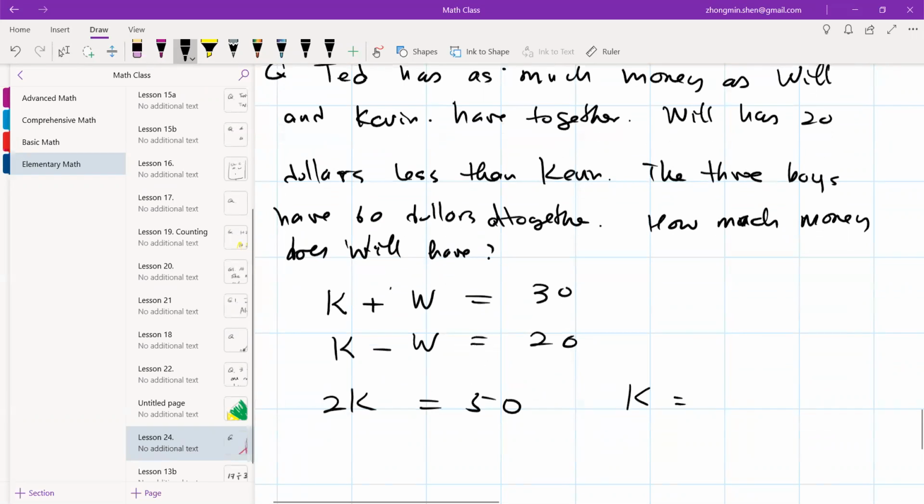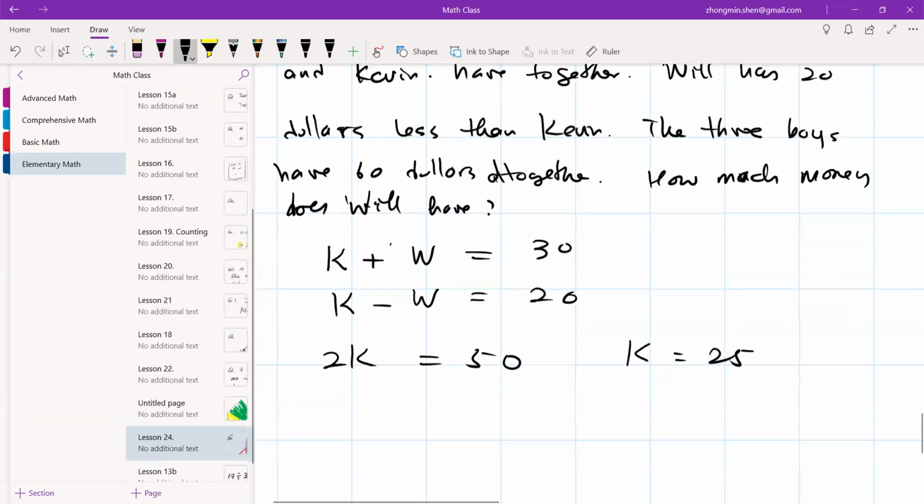So Kevin must have $25. If $25, then Will must be $5. So this is the power of the equations when you do the problem. You don't need to draw the picture to figure it out.